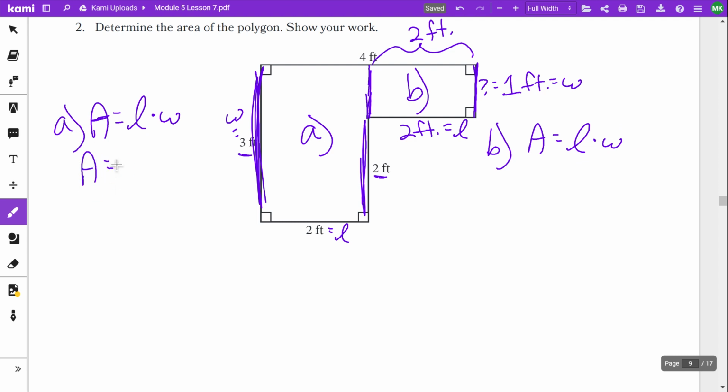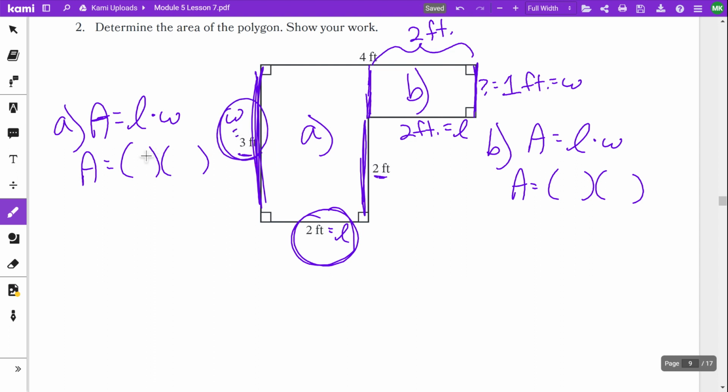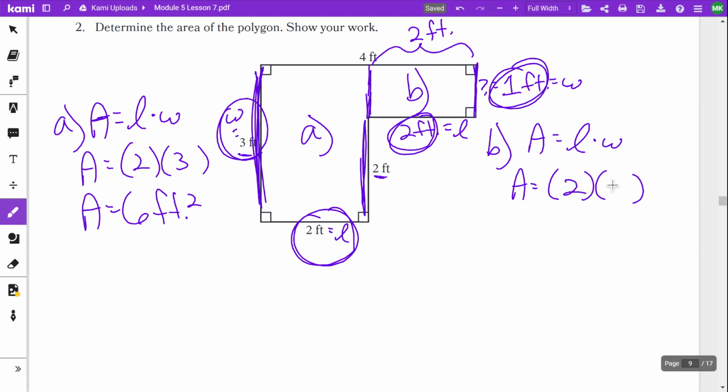So A equals, let me set up some multiplication. Love the parentheses when I set up multiplication. The big one is 2 feet by 3 feet. So 2 times 3, not so bad. That's 6 feet squared. And the other one, the little one over here, is 2 feet by 1 foot. So he's 2 times 1, and his area is 2 feet squared.